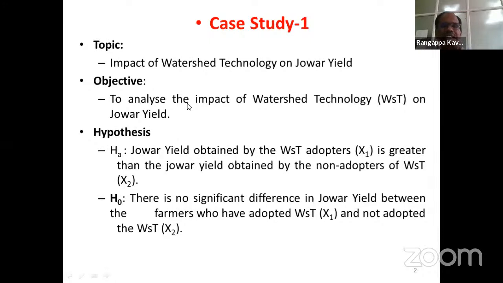Jowar yield obtained by the farmers who have adopted watershed technology is greater than, it is a unidirectional alternative hypothesis. And the null hypothesis, as you told, is that there is no significant difference in the jowar yield between the farmers who have adopted watershed technology and those who have not.